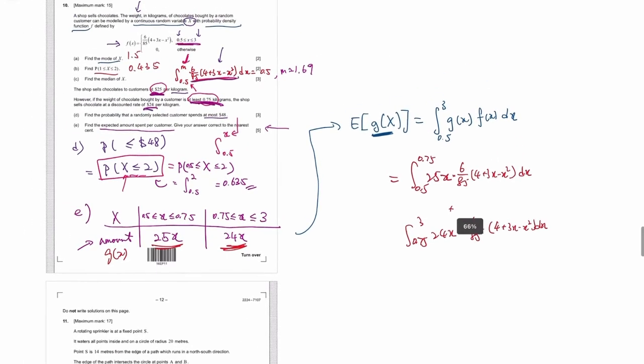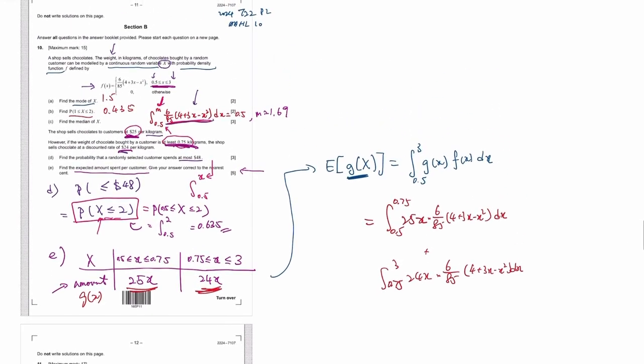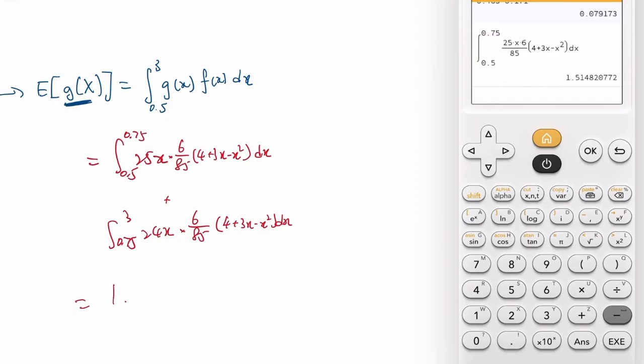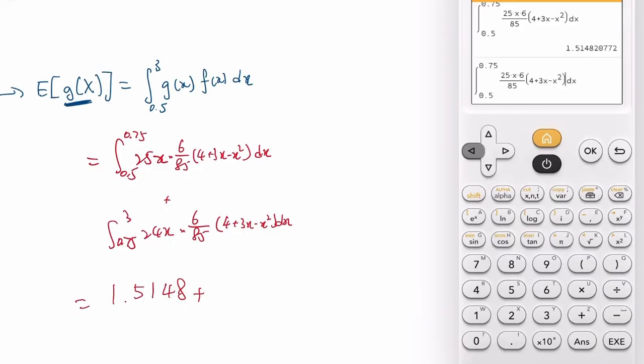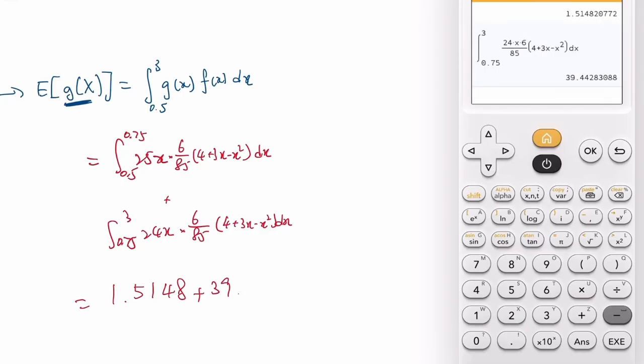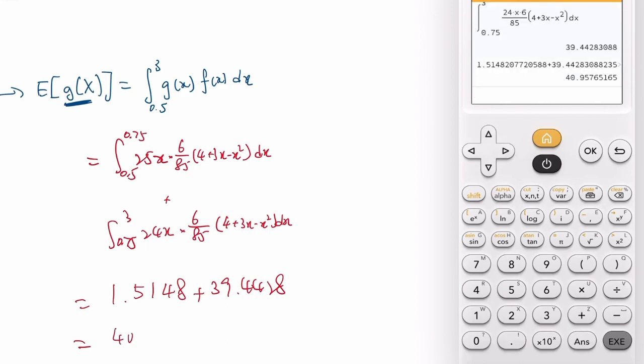Then we just type this into the calculator, get 1.5148, plus, from 0.75 to 3, you pay 24, so it's 39.4428. So you add them up, 40.95.